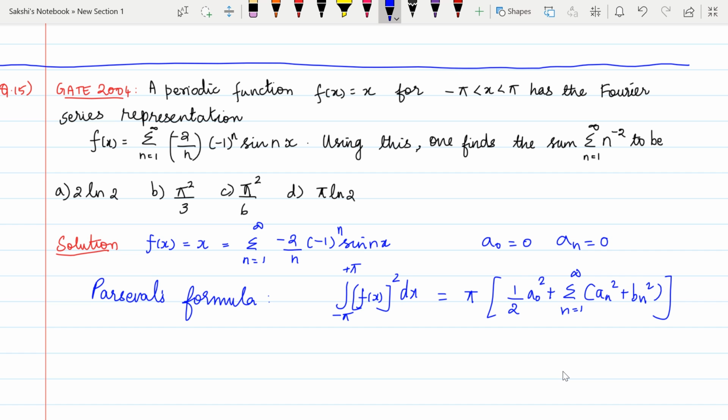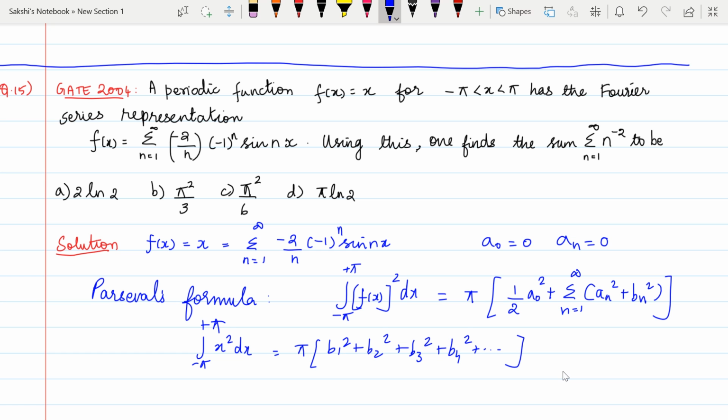Now I can say that my f of x is x over here, so the integral from minus pi to plus pi of x square dx is equal to pi into, I know that a naught and a n will be equal to 0, so it is b1 square plus b2 square plus b3 square plus b4 square and so on.